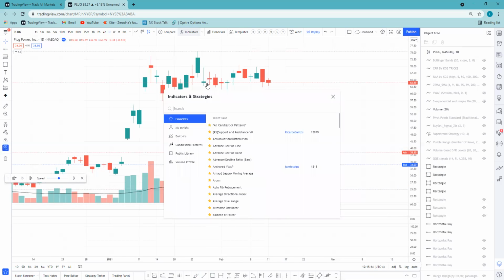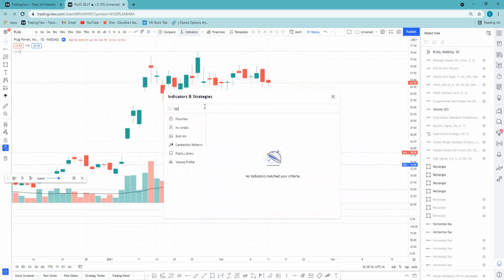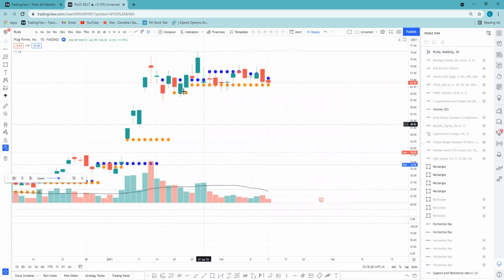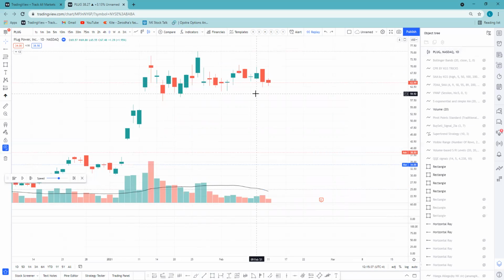Sometimes you go to the indicator, put some, and it makes it easier: support and resistance, and you will see, okay, this is my support, this is resistance, and it's automatic. Do I recommend it? No. Why? Because then you won't understand the things which you need to focus on.